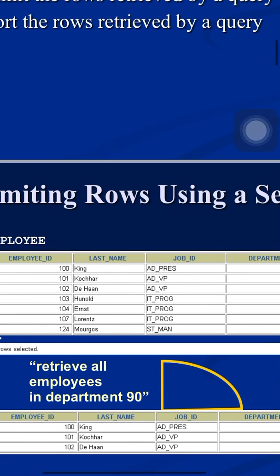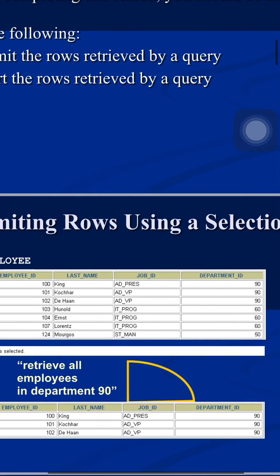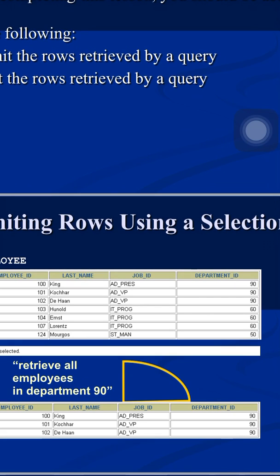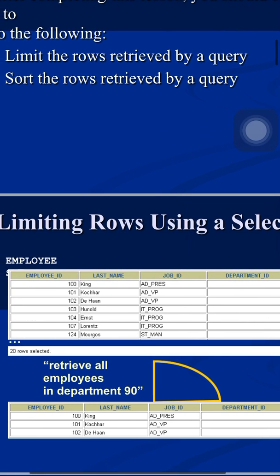There are only 3 employees out of 20 who are working in a department whose department ID is 90. So I want to perform a selection. I want to restrict, instead of 20 rows, to just see the data of these specific employees, the employees who are working in a specific department, say department ID 90.